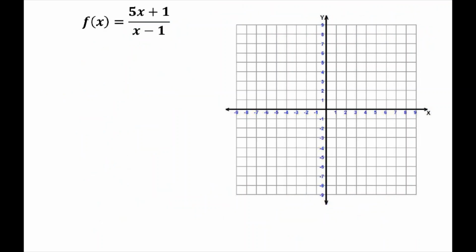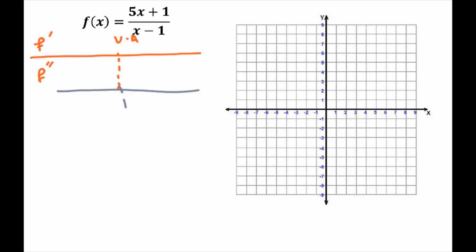Now, let's put all of these things together. By the way, we didn't talk about the maxima and minima. There's no maxima and minima. Remember, the function was decreasing the whole time, so there are no extreme values. Now, if I put all of this together, I do have 1 here, and I know it's a vertical asymptote. So I need to study the f prime and f double prime signs. The function was decreasing the whole time. However, it was concave down here and then concave up.